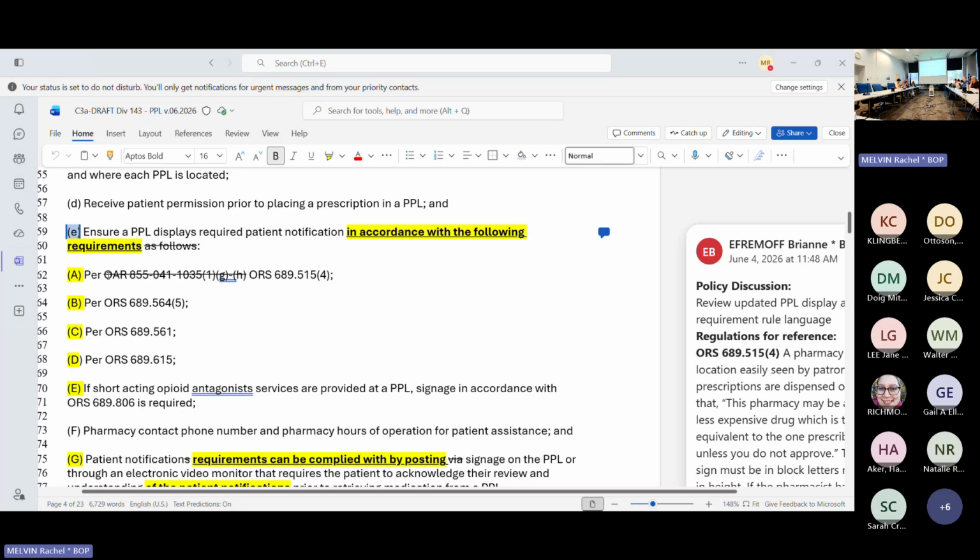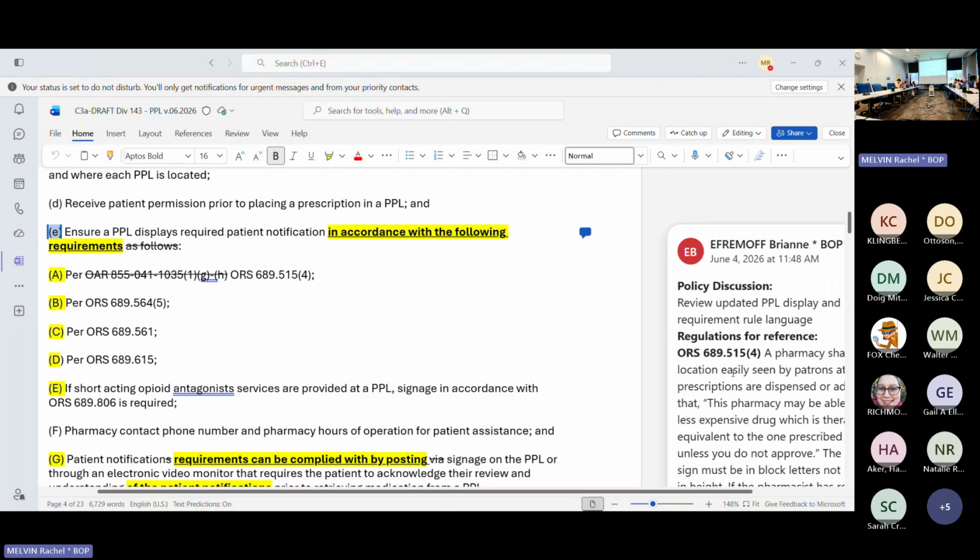A pharmacy that has a PPL must ensure a PPL displays required patient notification in accordance with the following requirements. This was just making the language sound better. Paren A, per ORS 689-515 paren 4, this is the requirement for the ability to substitute a generic, via a generic sign that is required.